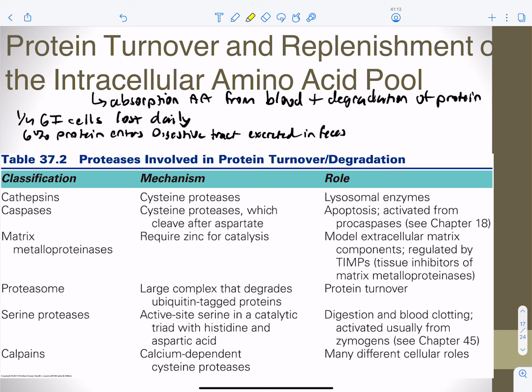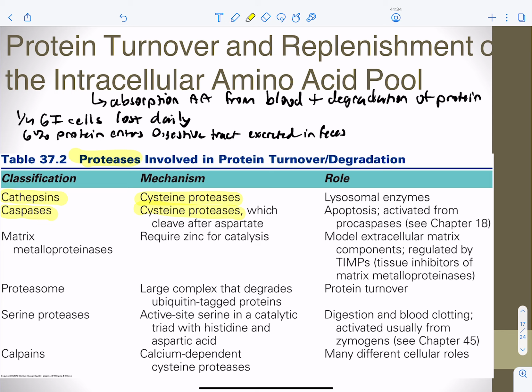So with respect to protein turnover, you're going to have a series of proteases. So you have your cathepsins and caspases, which are cysteine proteases. Your caspases are more specific. They like to cleave after aspartate residues.